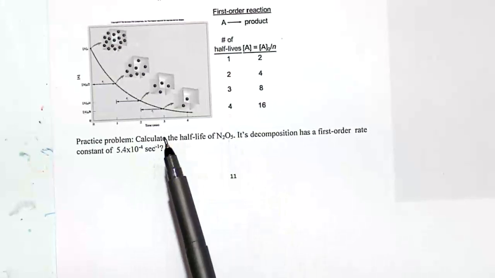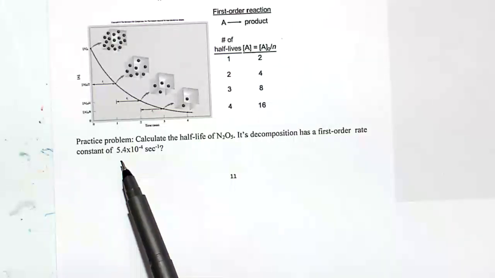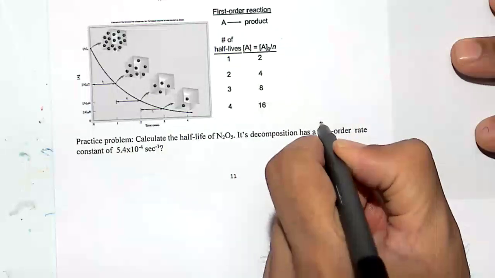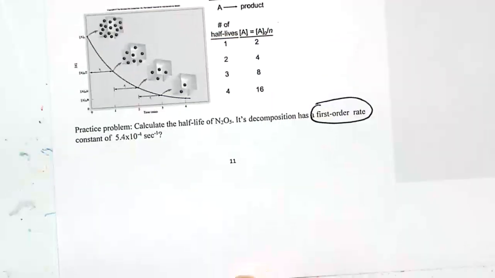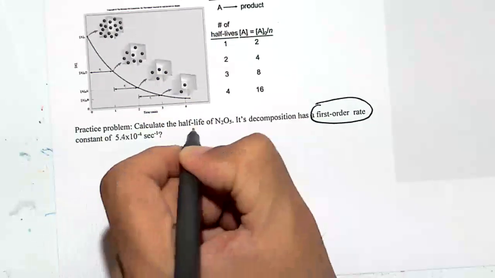We calculate the half-life of N2O5. Its decomposition has a first order rate constant of 5.4 times 10 to the minus 4. Another first order one here. What's the equation for half-life at first order?